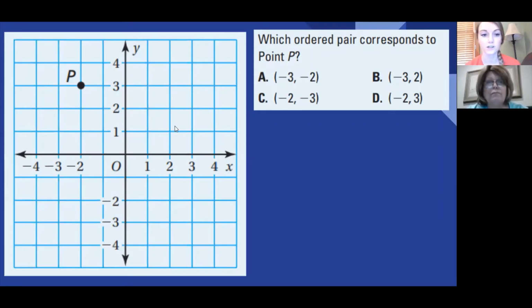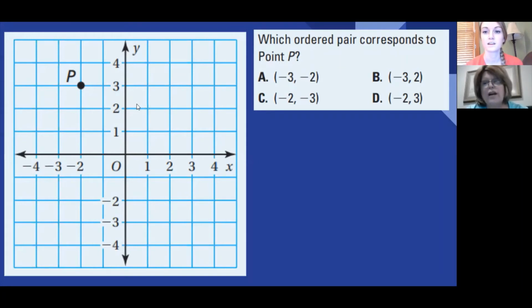X comes first, so I would go over here, my 0, and I would go back 3 because it's -3, so 1, 2, 3. And then my Y, which is the up and down, is -2. So I'm going to go 1, 2, and we're looking at this spot right here.